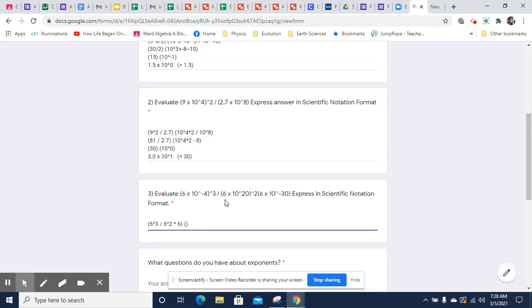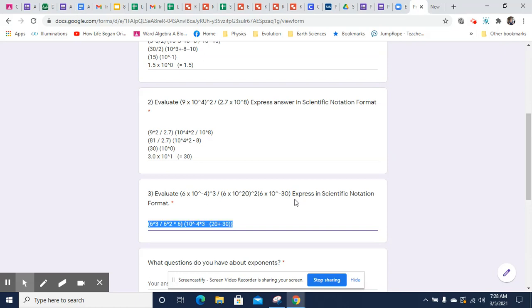And then over here, I've got 10 to the negative 4 times 3, divided by the sum of 20 and negative 30, because those are powers of 10 that are being multiplied. So 20 plus negative 30.